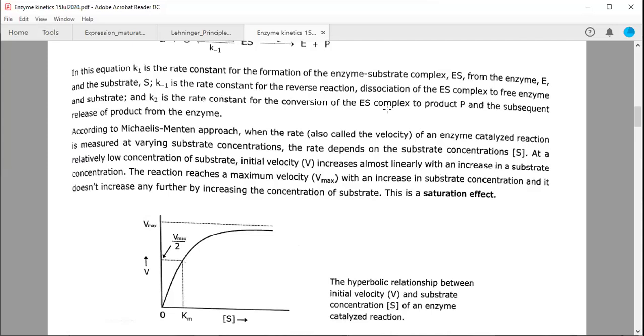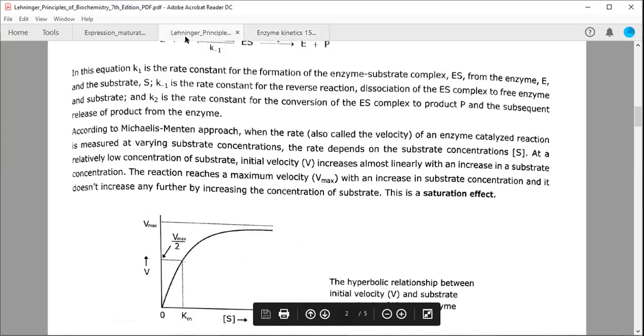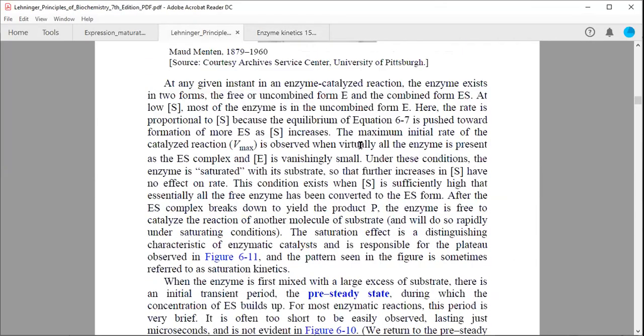Now, according to the MM approach, when the rate, that is the velocity of the enzyme-catalyzed reaction, is measured at varying substrate concentrations, the rate depends upon the substrate concentration itself, as we have seen from one earlier curve.